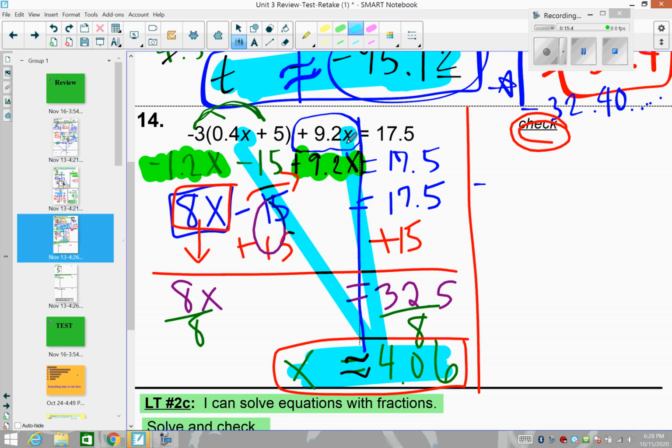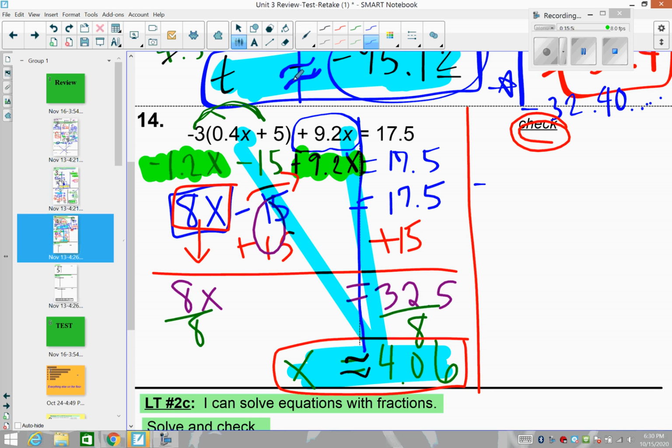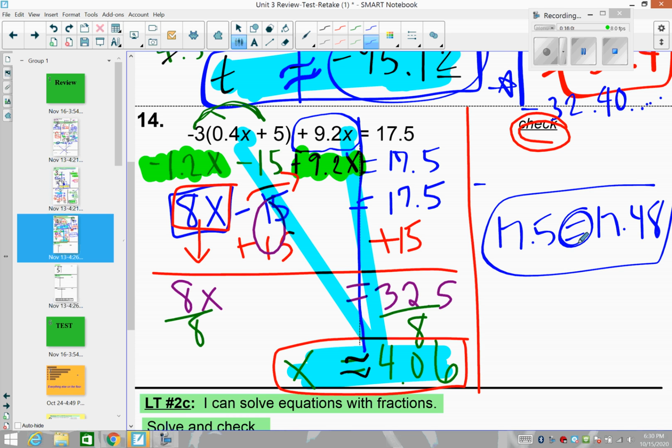And I got something pretty close, but I'm going to pause the video and make sure that I didn't make a mistake somewhere. All right, so unpausing the video, I just wanted to verify that I didn't make any mistakes. When I plugged those in, I was supposed to get 17.5, and I got 17.48, which makes me pretty comfortable. Of course, those aren't exactly equal to each other, but they are approximately equal to.